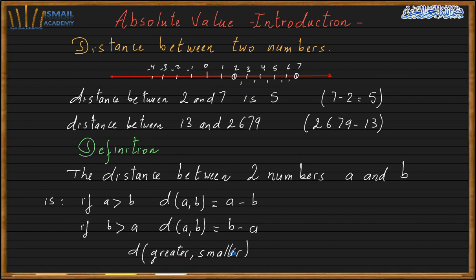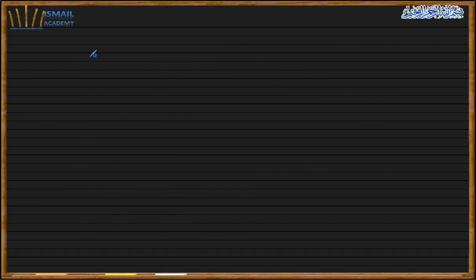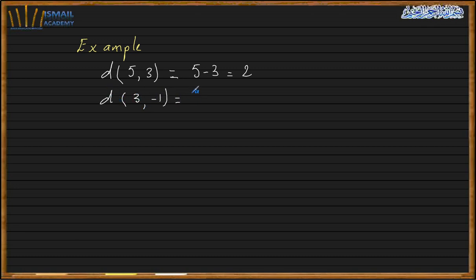So for example, I want to find the distance between 5 and 3. It's going to be 5 minus 3, which is 2. The distance between 3 and -1 is 3 minus -1, which is 3 plus 1, which is 4.